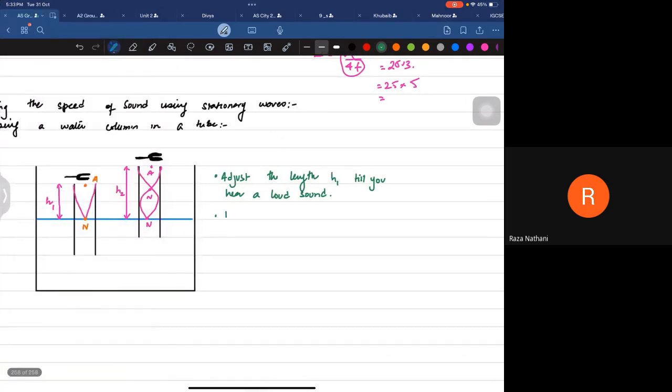Then move the tube up or down till you hear another loud sound and note H2. So you want to find the new length.